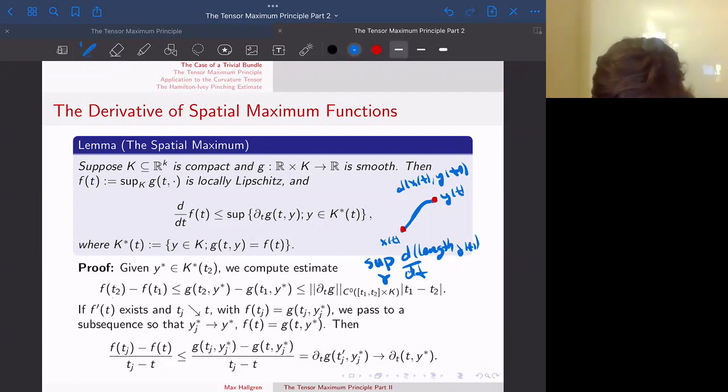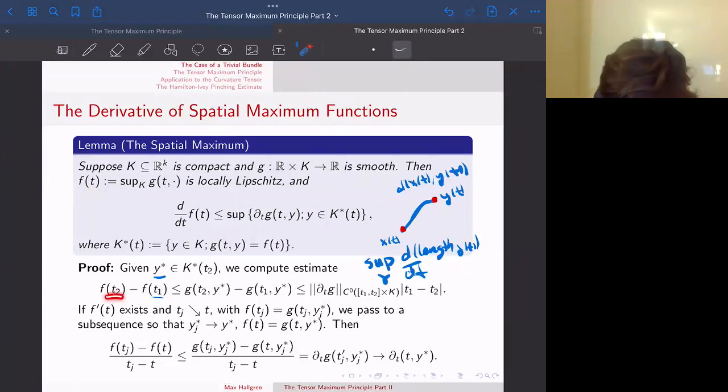Okay. So given two times t2 and t1, we choose a point in our set K. So we'll call this y star, where the spatial maximum is achieved at time t2. And then we'll look at this difference quotient. And so this part here, we're just going to show that f of t is locally Lipschitz.